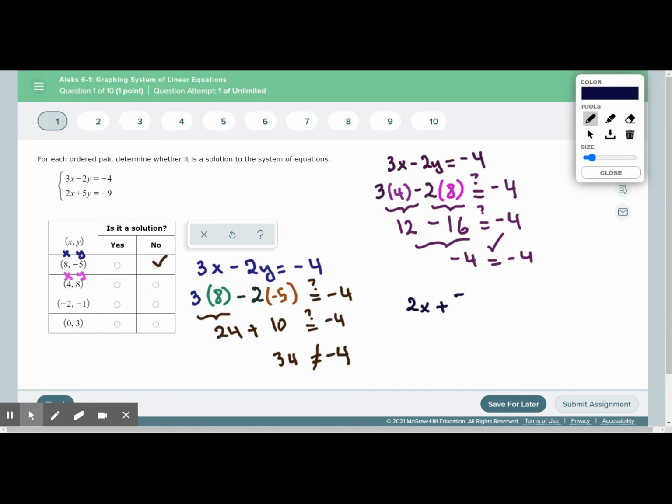2x plus 5y equal to -9. Same thing, we're going to plug in x is 4 like we did earlier. X is 4 and y is 8, plus 5 times 8.